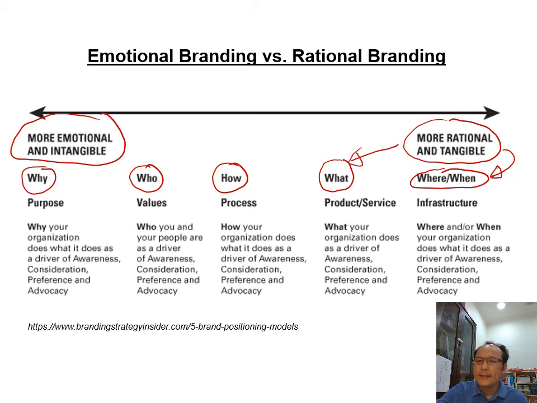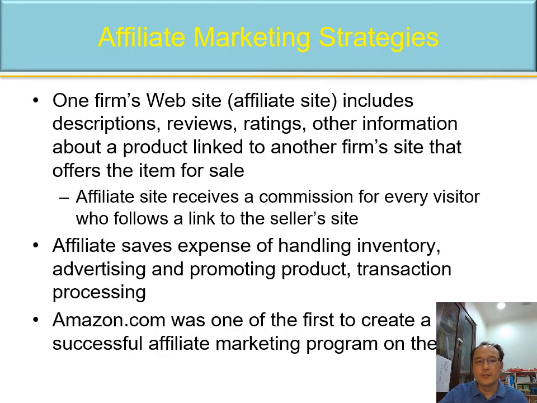Where does it happen? When we ask why, who, and how, it means you just want to understand. But when you ask other types of questions, you might want to help. You put in help. So this is how you do emotional branding.